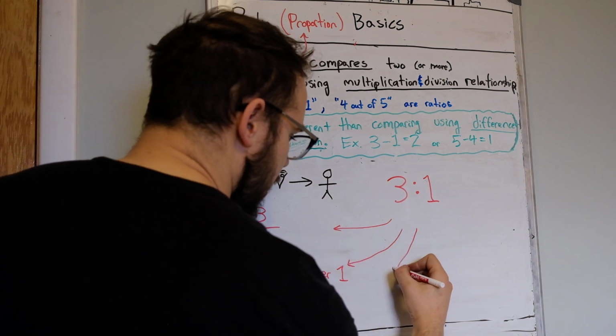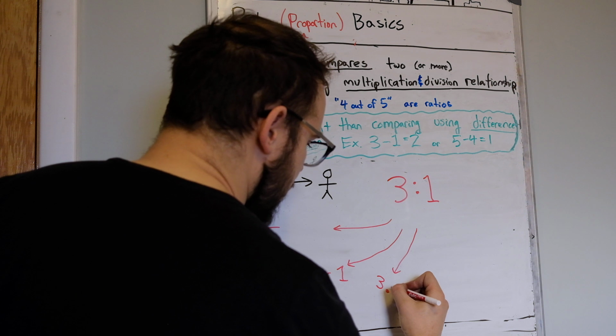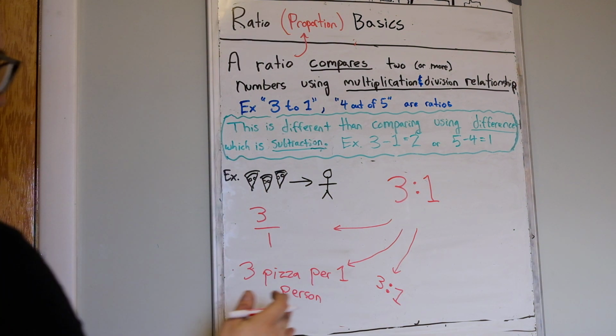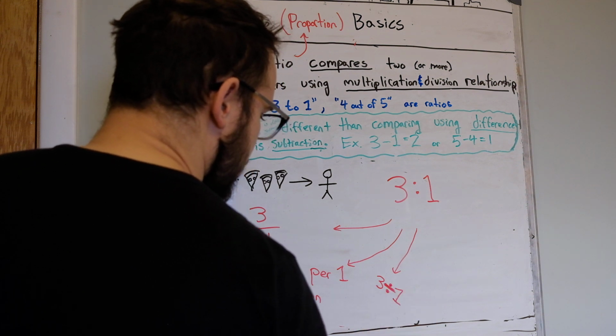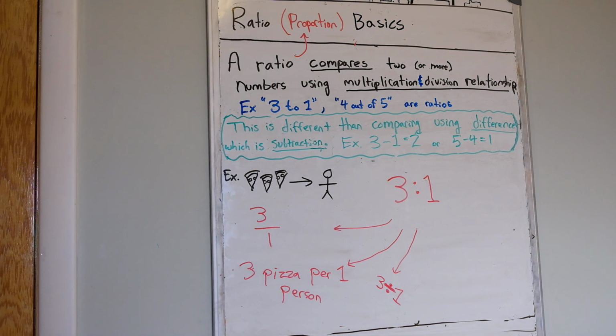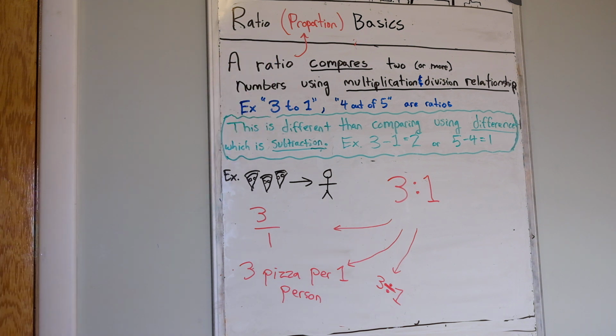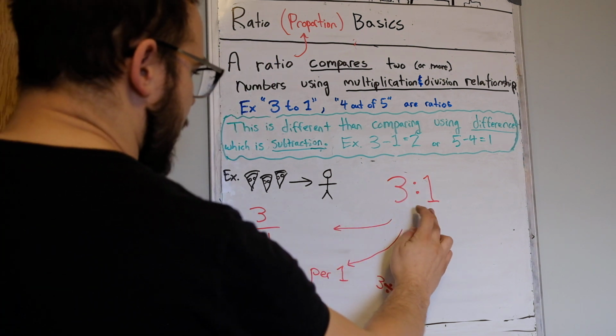We can think of it as 3 divided by 1. This is 3 divided by 1, if we want to think of it that way, or 3 to 1, like in this example. The parts of a ratio we call the terms.